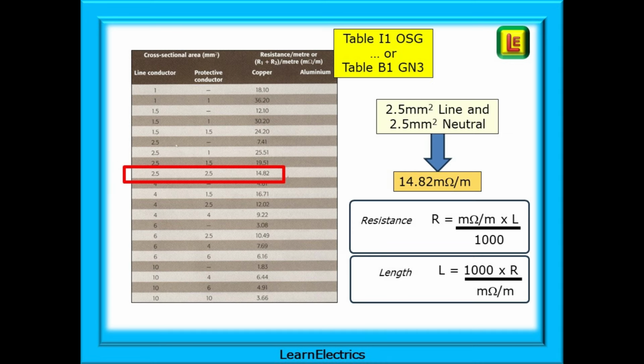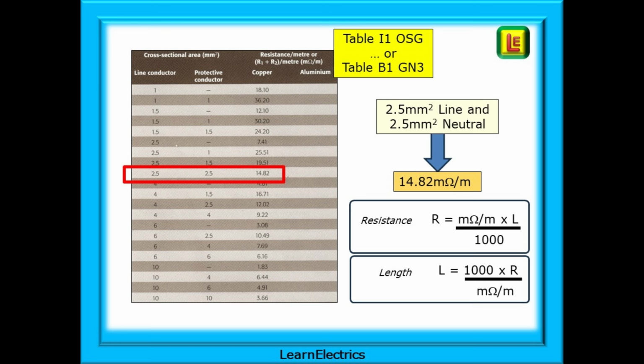This is the table that we need to refer to. As this is line and neutral, both conductors are the same size, that is 2.5 square millimeters. Find 2.5 and 2.5 in the first two columns.